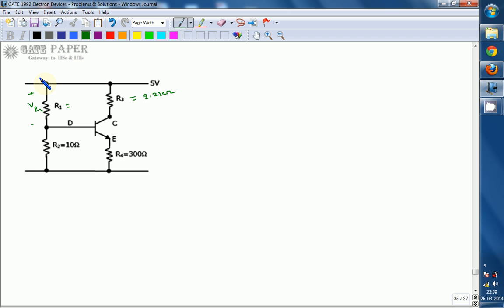So R1 can be written as voltage across R1 divided by current flowing through R1. Voltage across R1 is 5 minus the voltage at the base, divided by IR1.